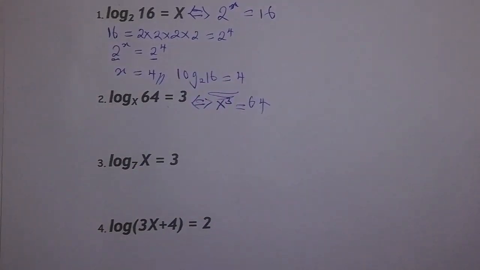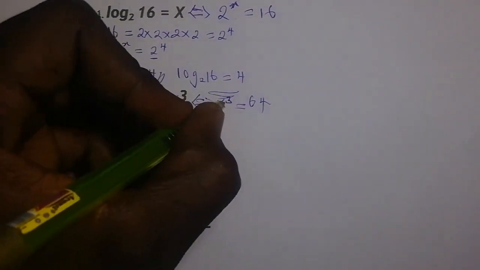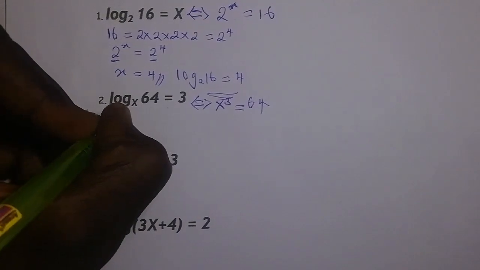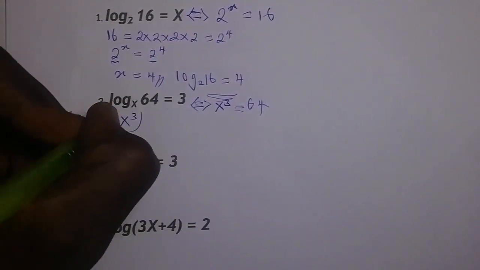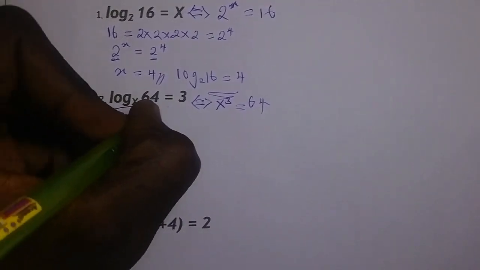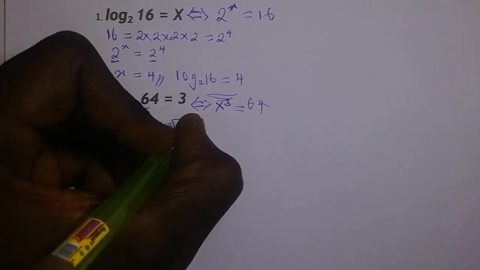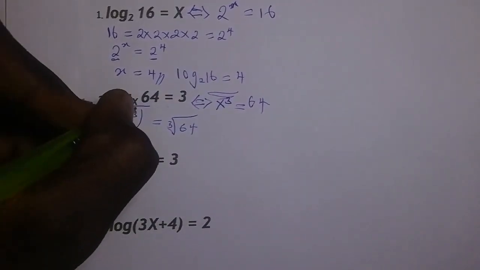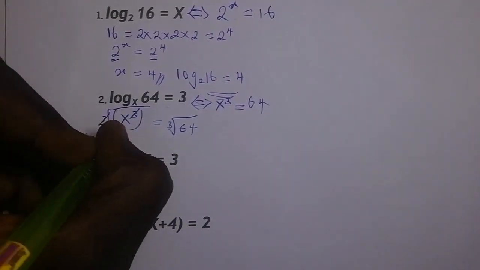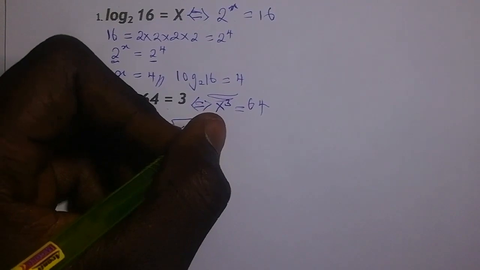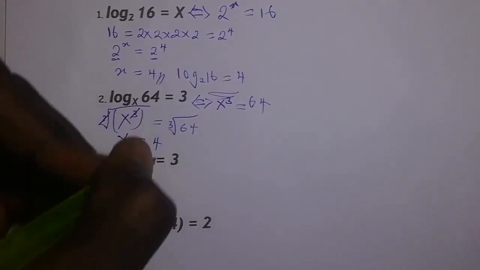We are looking for x, not x power 3, so we take the cube root of both sides. The cube root cancels the cube, and we are left with x equals the cube root of 64, which is 4 using a calculator.